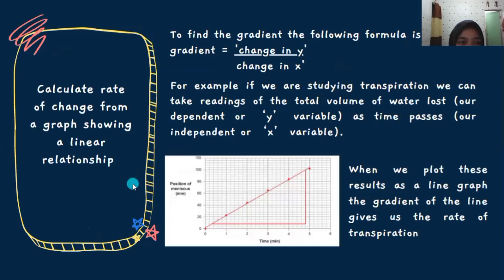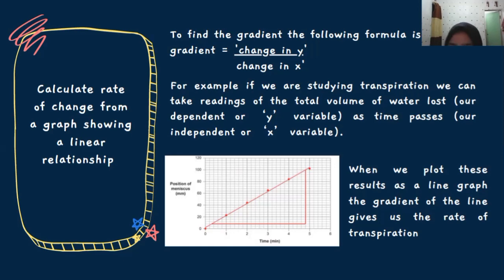So next is about calculating the rate of change from a graph showing a linear relationship. In the mathematical concept, we find the gradient. The following formula is useful: m equals change in y divided by change in x. For example, we are studying transpiration. We take readings of the total volume of water loss as time passes.